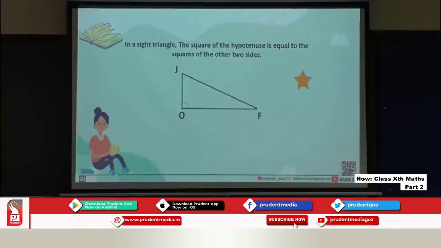If you don't know, you need to locate the right angle first. Wherever the right angle is, exactly opposite in front of it, whatever side is there will be the hypotenuse. It is the longest side of a triangle. So two things to keep in mind: locate the right angle, and exactly in front of it is your hypotenuse.